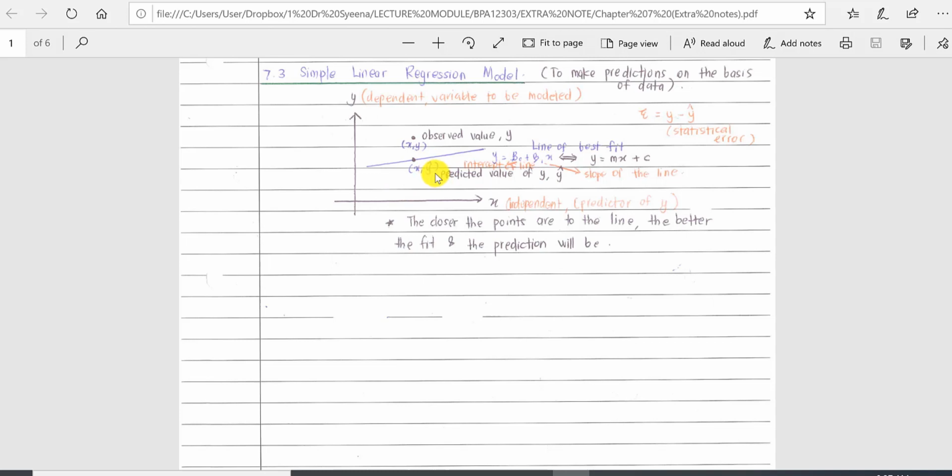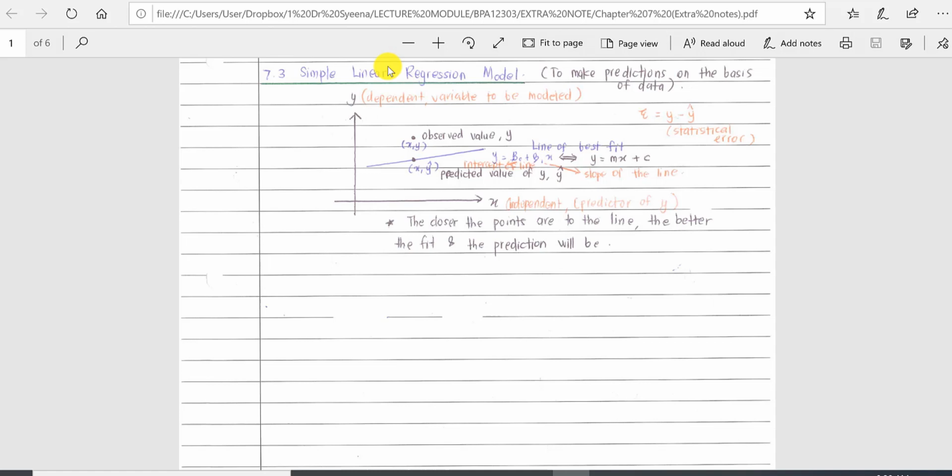So what is the formula, or how do we build the linear regression model? We are going to use this formula: y is equal to beta naught plus beta one x. Actually, you already learned about the straight line. When we talk about linear regression, we have the word linear, and linear is a straight line.